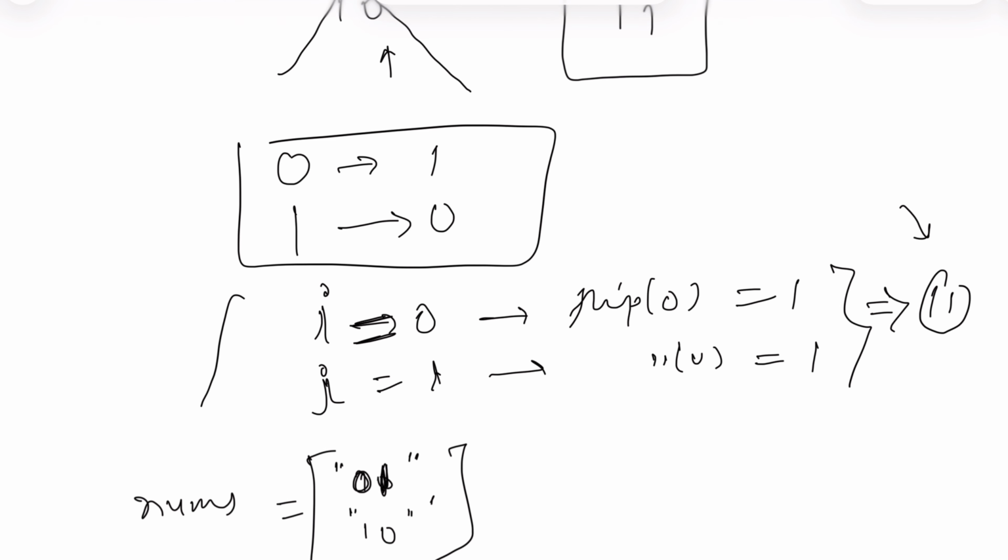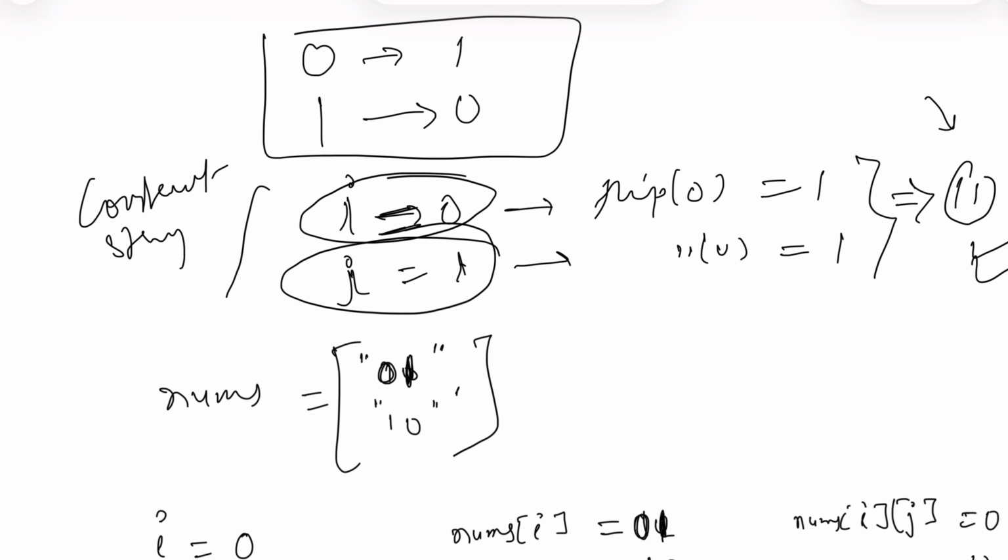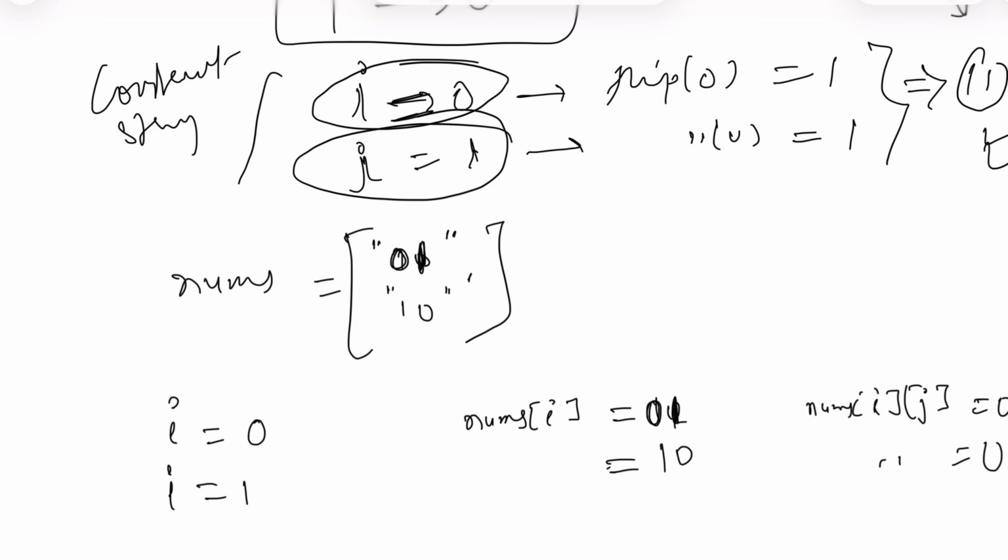Now we have to construct a string. You will construct a new string by flipping in both cases, i equal to 0 and i equal to 1. Once you flip it, you will get 1 1. And you saw that the result you get is 1 1 here. Then this new string cannot exist in the array. So this way we can find the value, and we can say our output is 1 1.